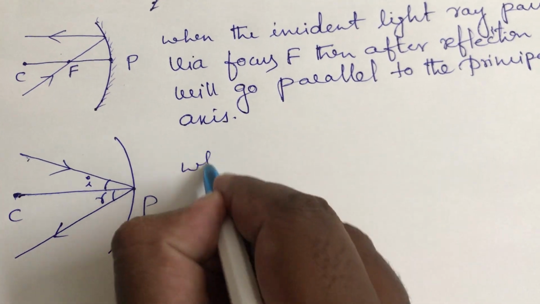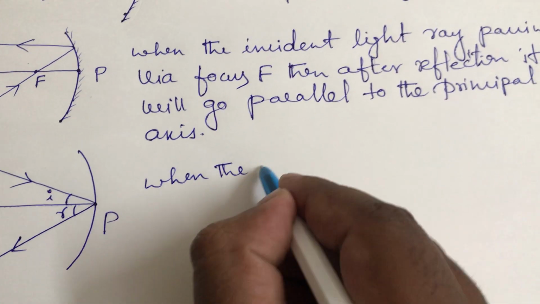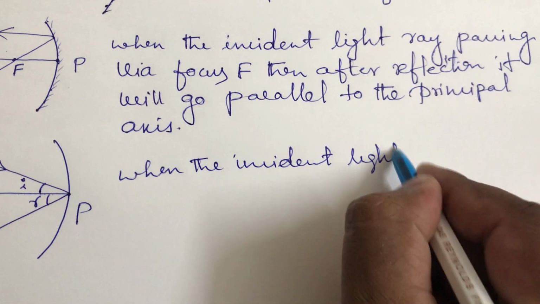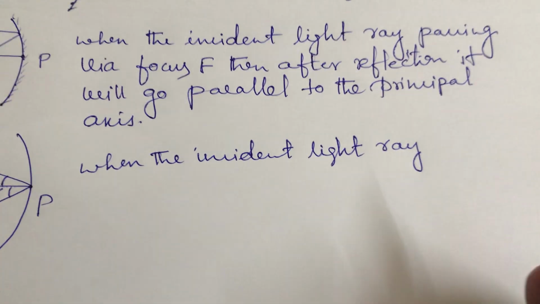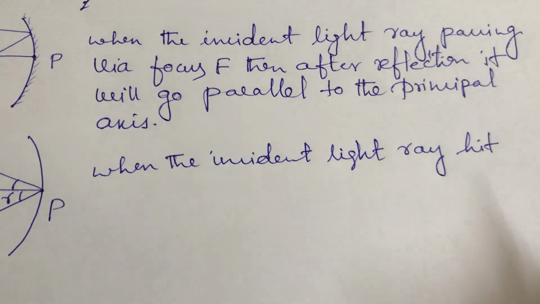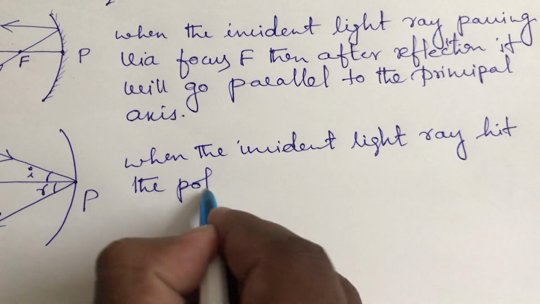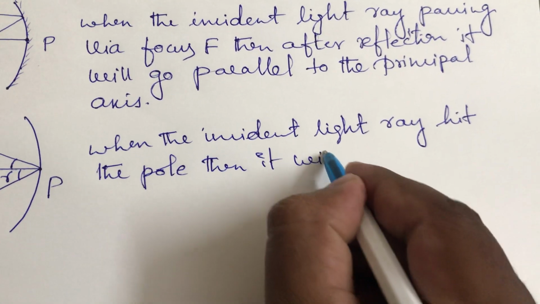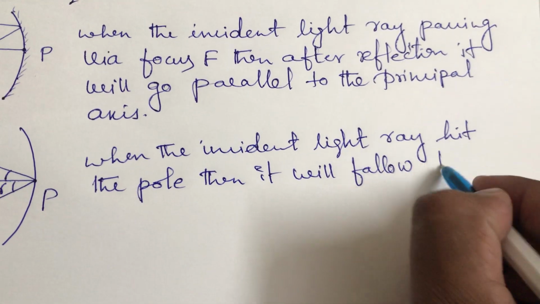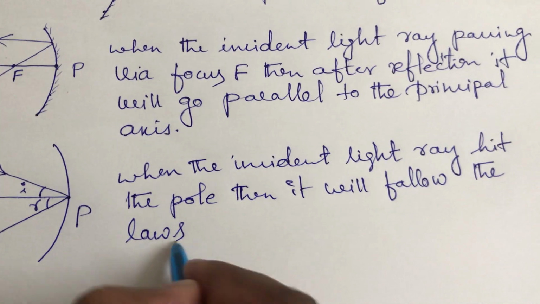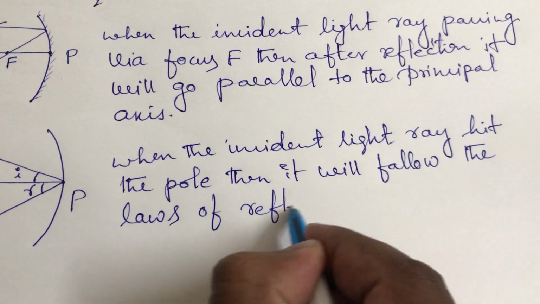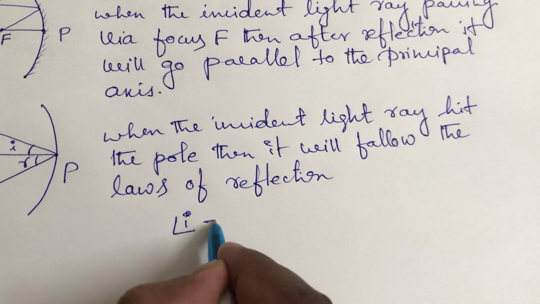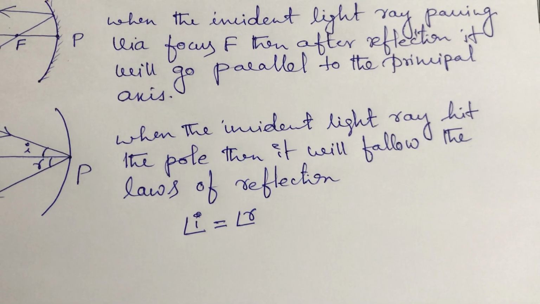When the incident light ray hits the pole, then it will follow the laws of reflection, where the angle of incidence will be equal to the angle of reflection.